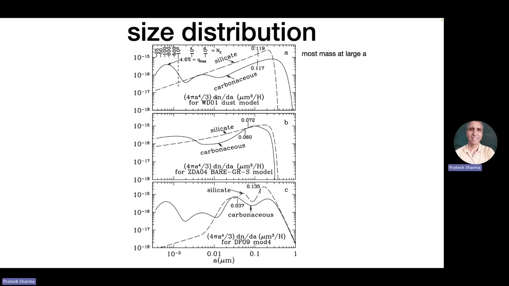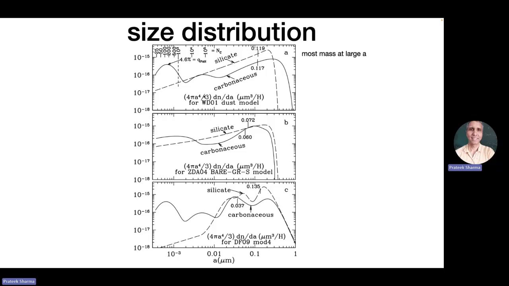What is plotted here is this quantity, 4 pi a to the 4 by 3 dn by dA. 4 pi by 3 a cube is the volume. So this is volume times a dn dA. Volume of the grain times a dn dA. So dn dA times dA is the number of dust particles with size a to a plus dA.